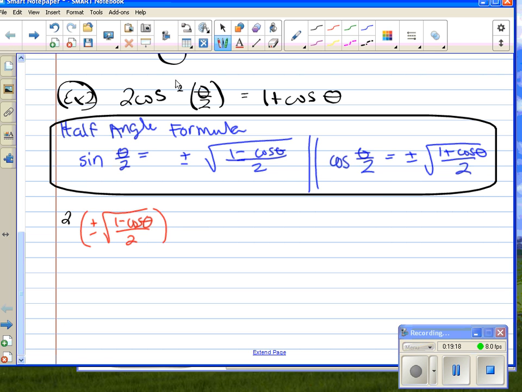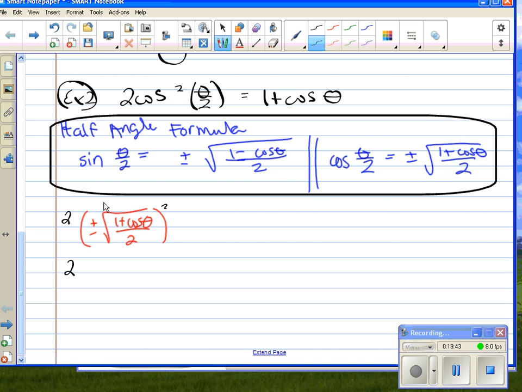But we were squaring that whole cosine. So I'm going to square all of this. So when I square that, the square root and square cancel out.